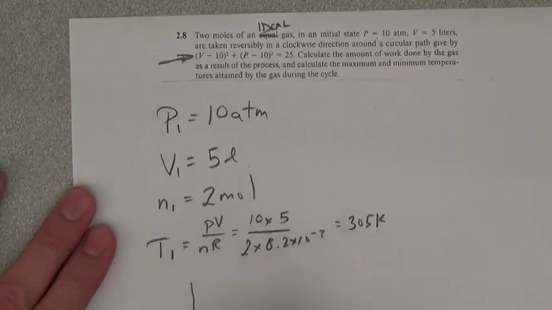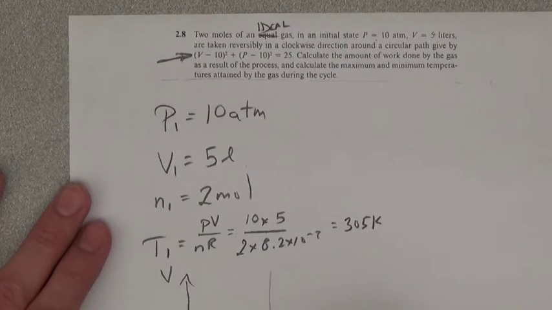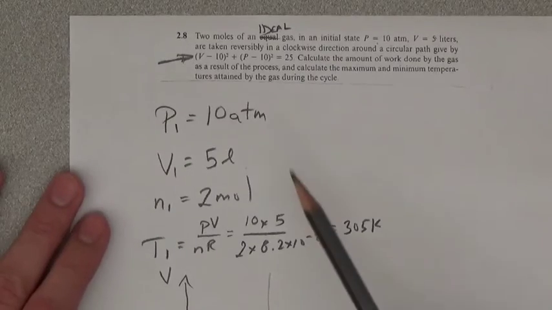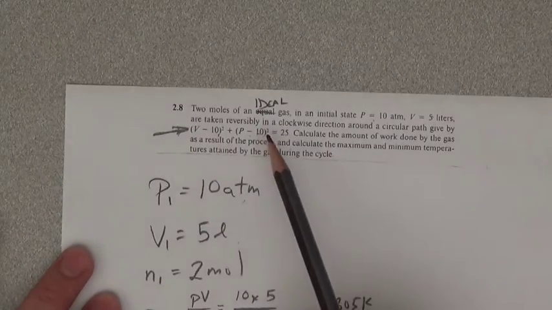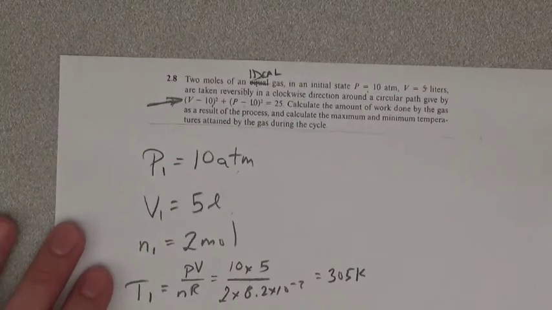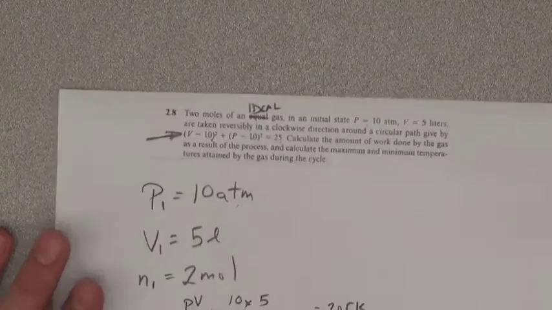This equation is a parametric equation, and you may remember this from your multivariable calculus class, but this corresponds to, in the PV space, a circle that is centered on 10 atm and 10 liters, and it has a radius of 5.